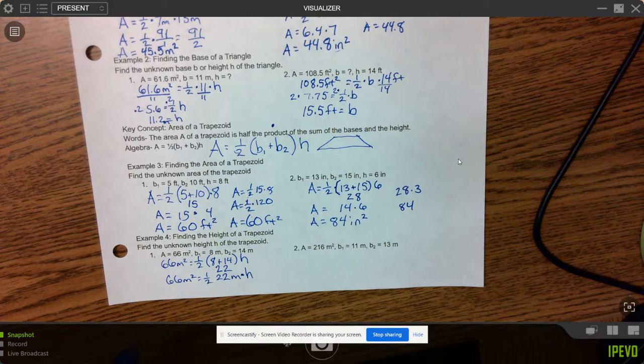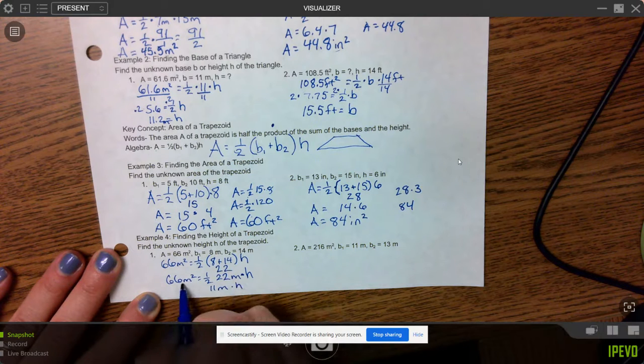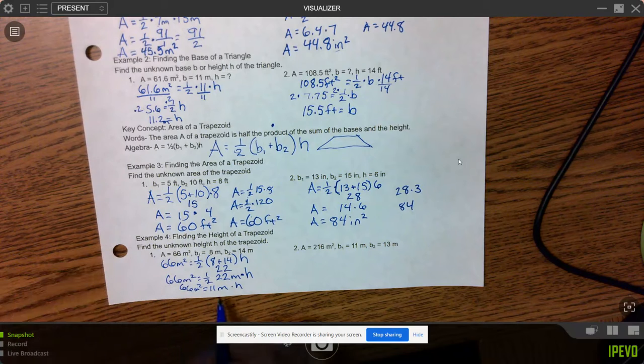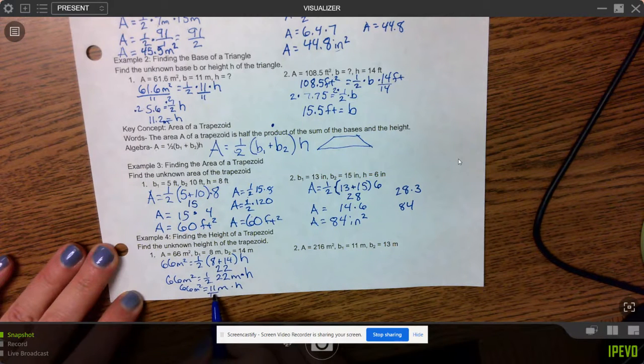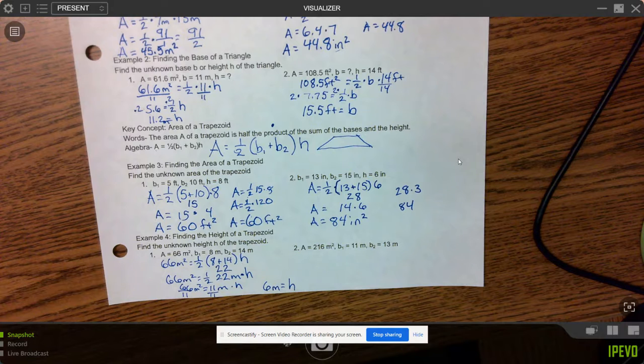So I can look at this and say 1/2 of 22 meters, I can do that in my head right now. 1/2 of 22, I know is 11 meters times h. 66 meters squared equals that 11 times h. So what am I going to do with that 11? Divide it out. So I'm going to divide that 11 out. 66 divided by 11 is 6. So our height is 6.